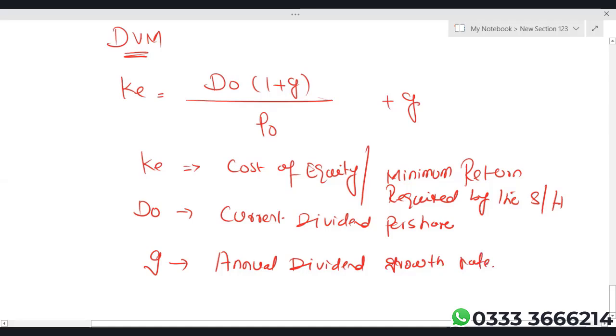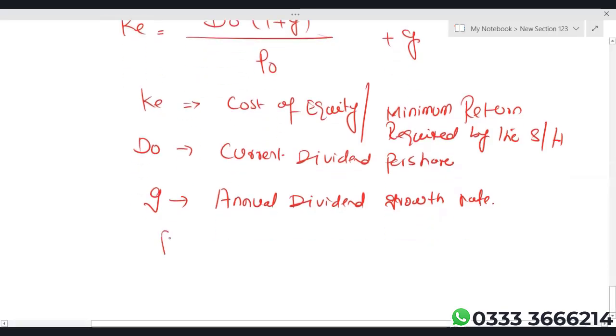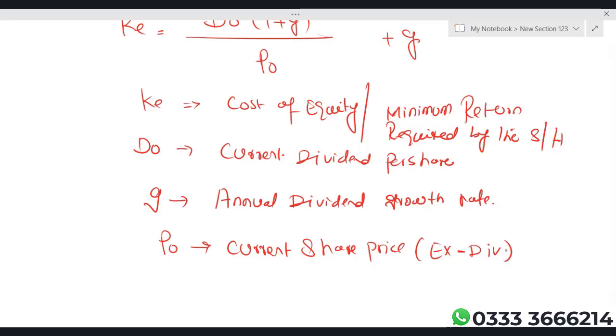In the dividend valuation model, we assume that the annual dividend growth rate is constant. P naught is the current share price, ex div, excluding dividend. If nothing is mentioned, we always assume the given share price is ex div.